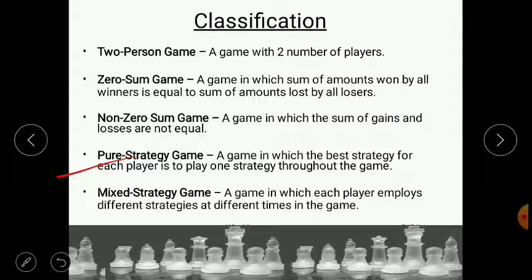In other terms, it is the decision rule to always select a particular course of action, and it is usually represented by a number. It can be a movement, a choice or a strategy, that is, a number with which the course of action is associated. And a mixed strategy is a game in which each player employs a different strategy at different times in the game, which is actually a probability distribution, right?